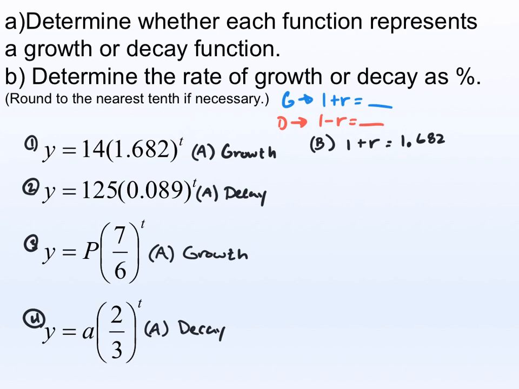Now, minus 1, we end up getting that R is 0.682. That's what your R value is. To get it as a percentage, we have to multiply it by 100, and that gives our percentage here. So the percentage of growth for the first one is 68.2%.